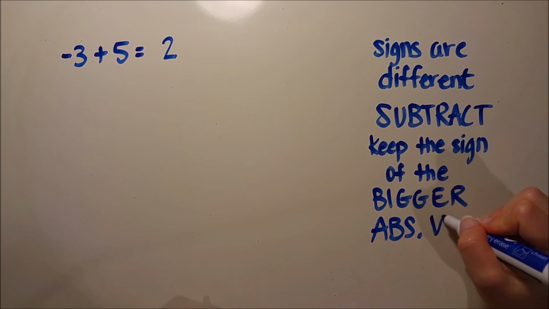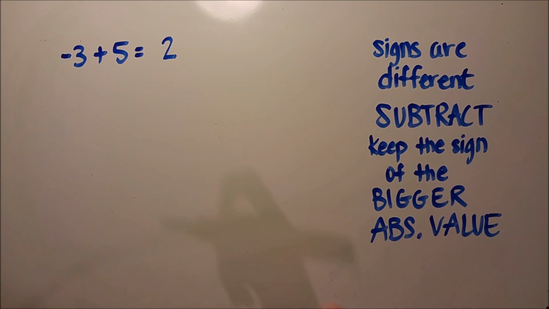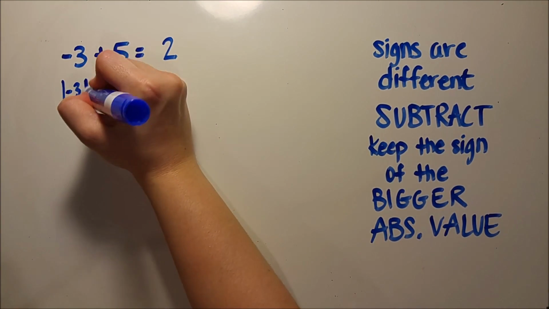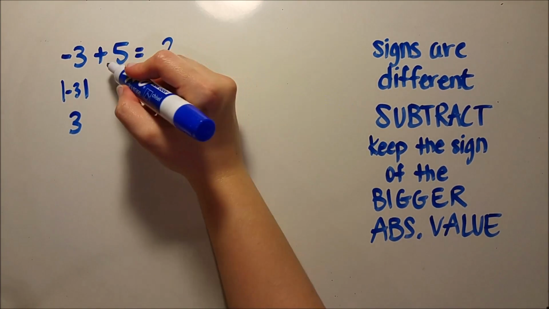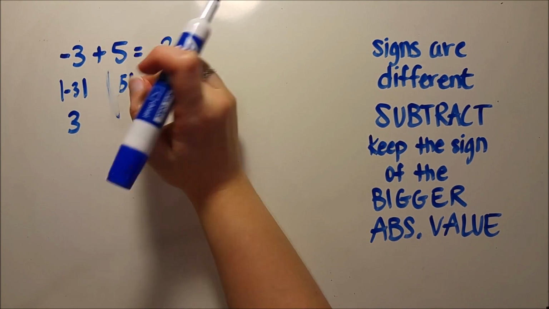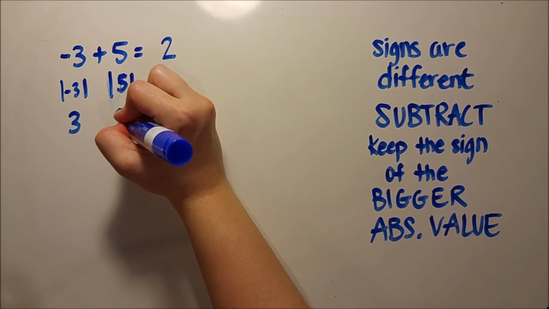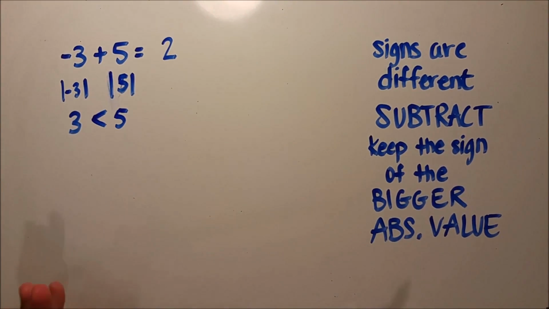I'm going to abbreviate that. Okay, so keep the sign of whatever number has the biggest absolute value. So this one, the absolute value of -3 is 3. This one, the absolute value of that's a positive 5. Absolute value of 5 is 5. Well, 5 is bigger than 3.